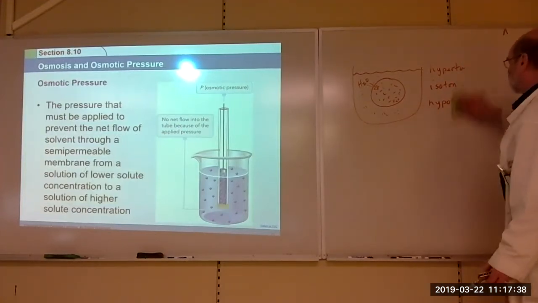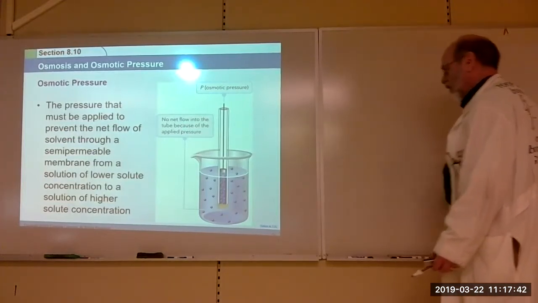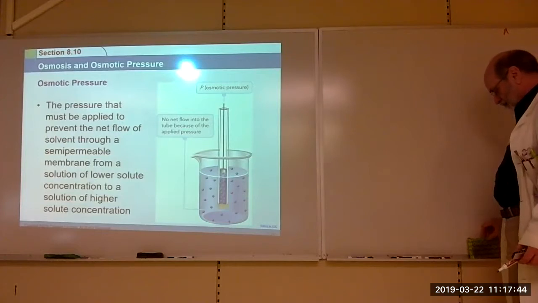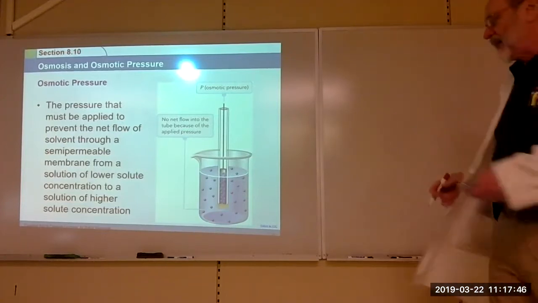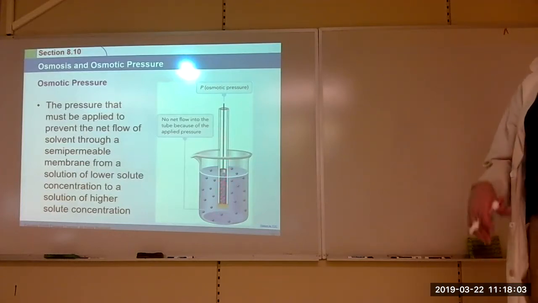Now, here's an interesting concept. What if we have a concentrated solution in here and a dilute solution out here? If we let it go of its own accord, water's going to move through that membrane and actually build up pressure until it reaches equilibrium.